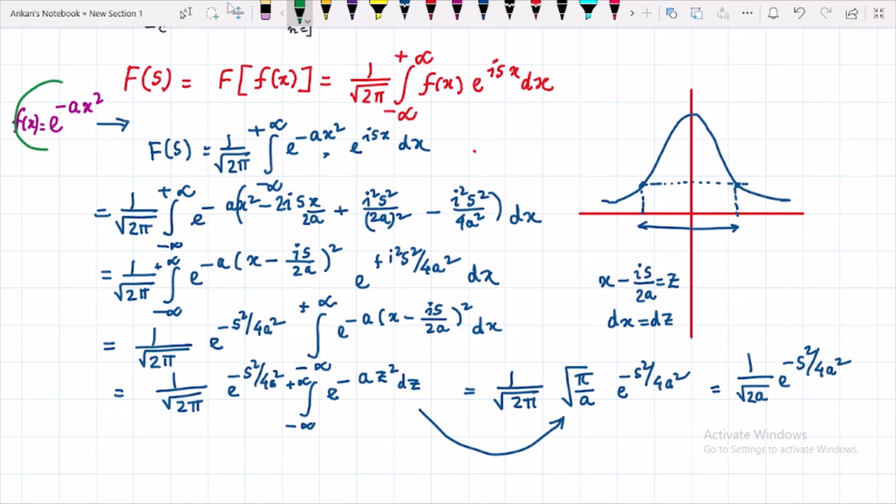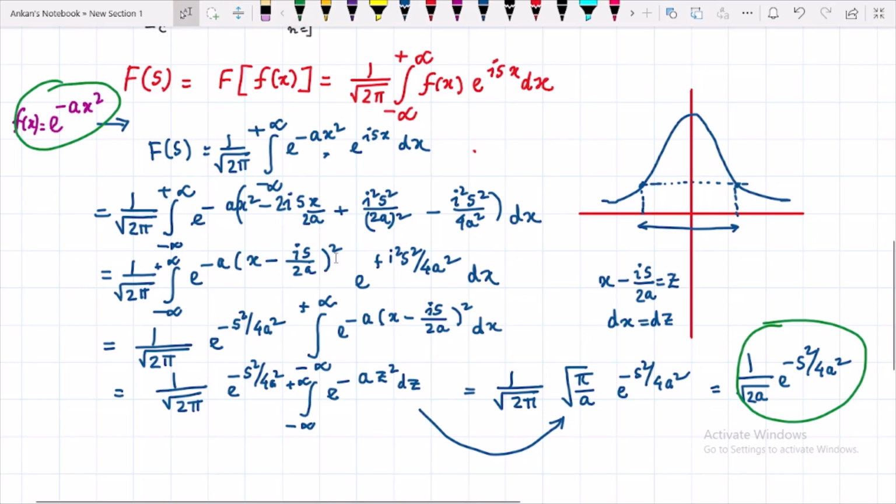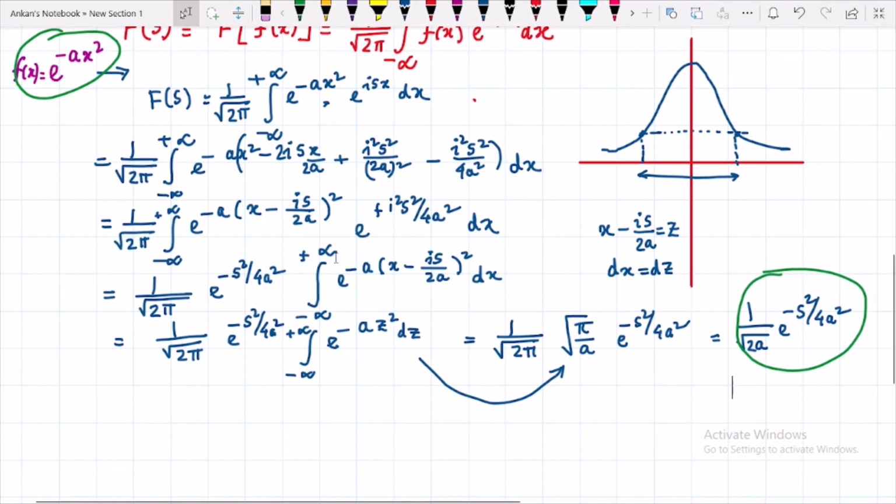This was the given function of x, and it is transformed to a function of s, and the nature of the functions is the same. It should be carefully noticed that by transferring the coordinates, the nature of this function remains the same. This is the only function, known as the Gaussian function.